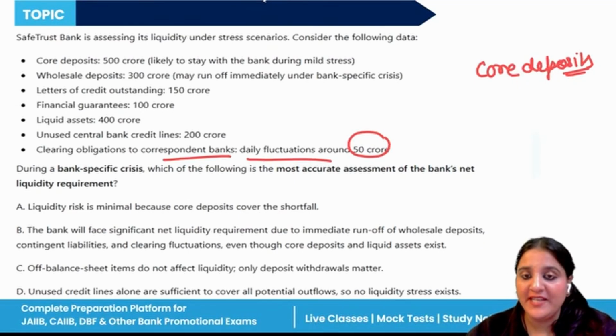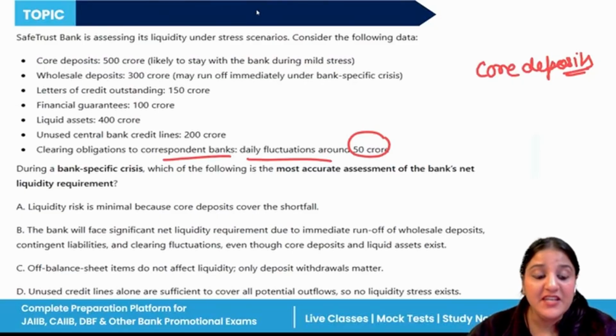Wholesale deposits are volatile and likely to run off immediately when a stress situation occurs. Off balance sheet items, letters of credit and financial guarantees, are contingent liabilities. And clearing obligations, meaning daily fluctuations, will add unpredictable, significant cash demands.